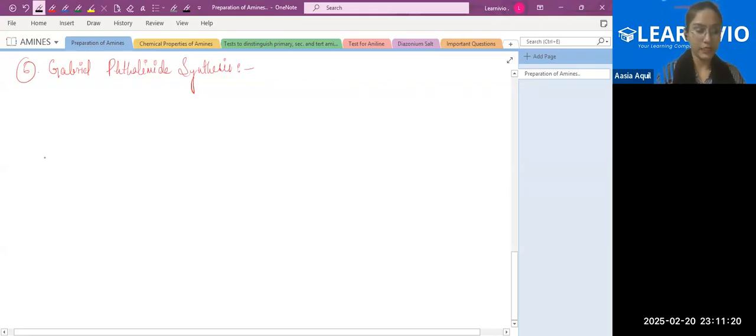Potassium salt of phthalimide. And again, on further heating with alkyl halide, followed by alkaline hydrolysis, produces primary amine. Let's see how. Okay, so the reaction proceeds like this. First, take the phthalimide.